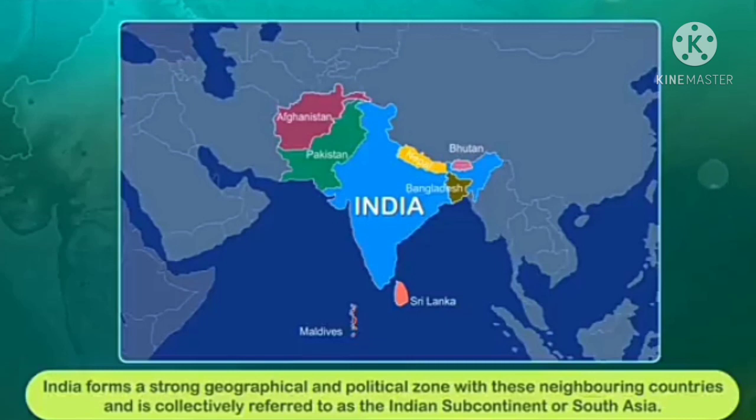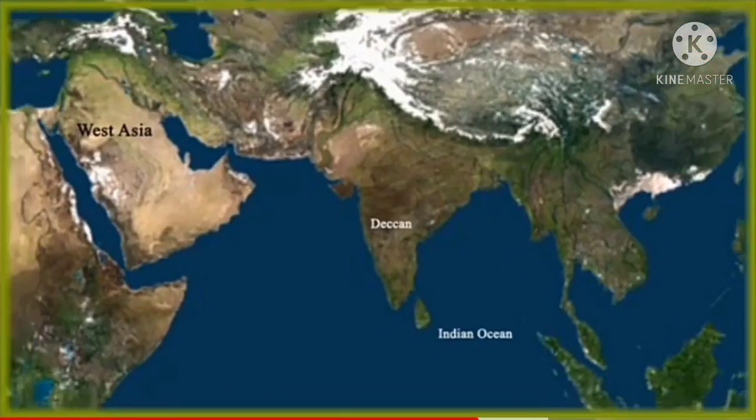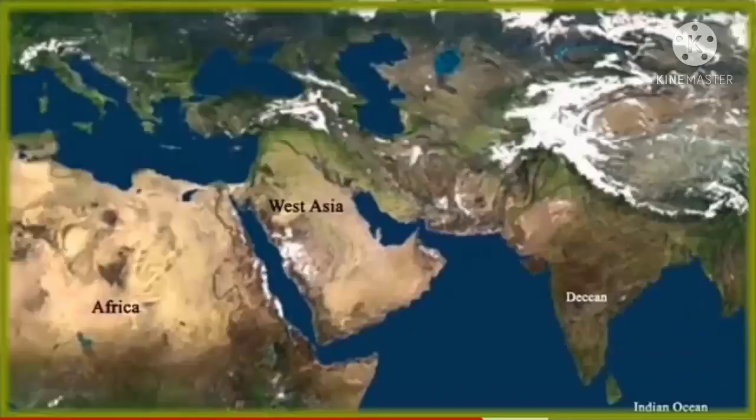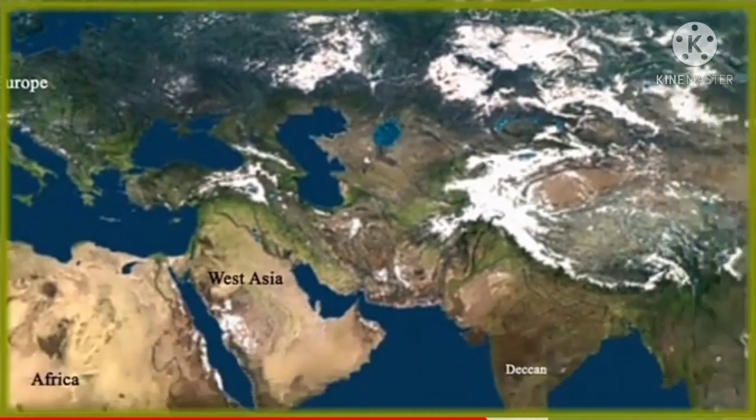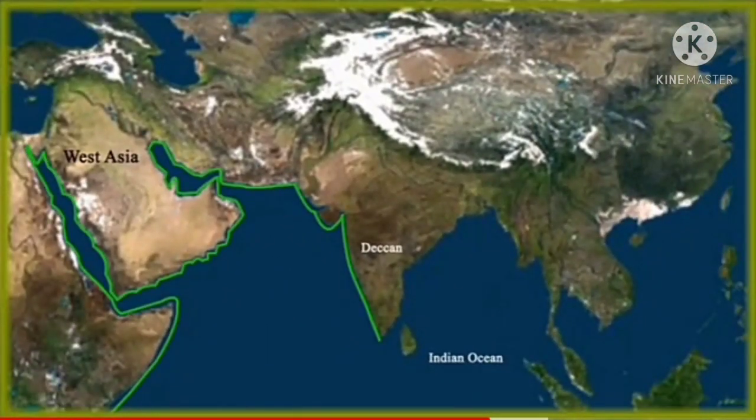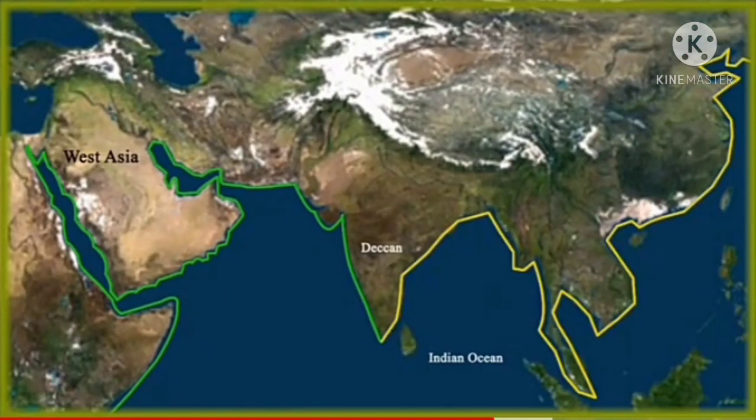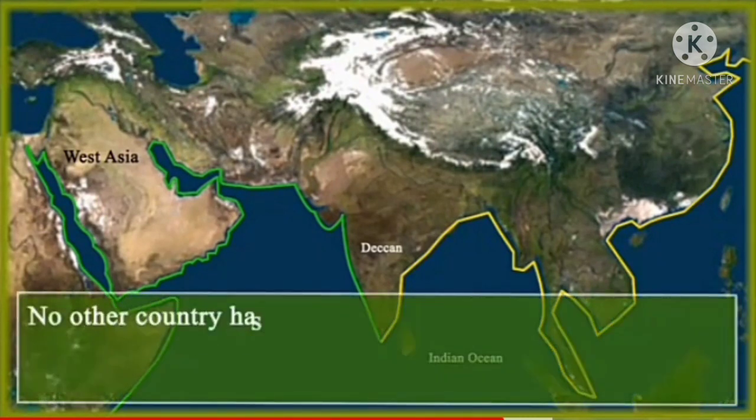The peninsular part of India, which protrudes into the Indian Ocean for about 1600 kilometers, has benefited it in many ways. Not only the peninsular location, but also its placement in the south central part of the continent of Asia is highly beneficial to the country.